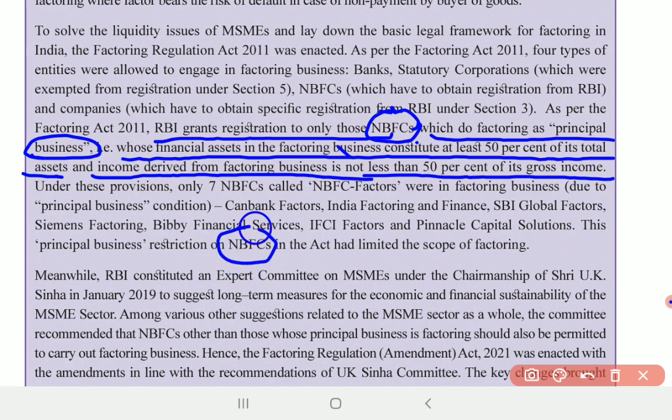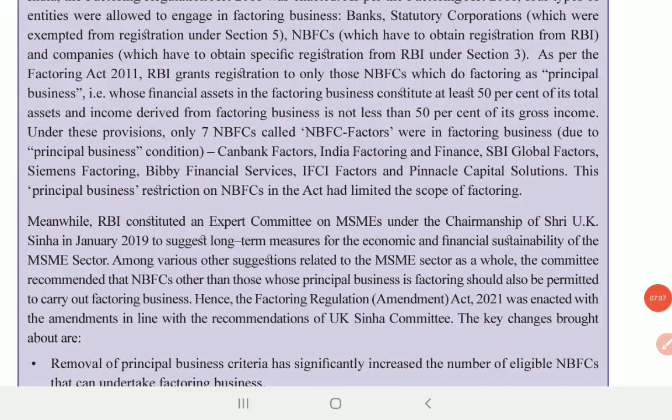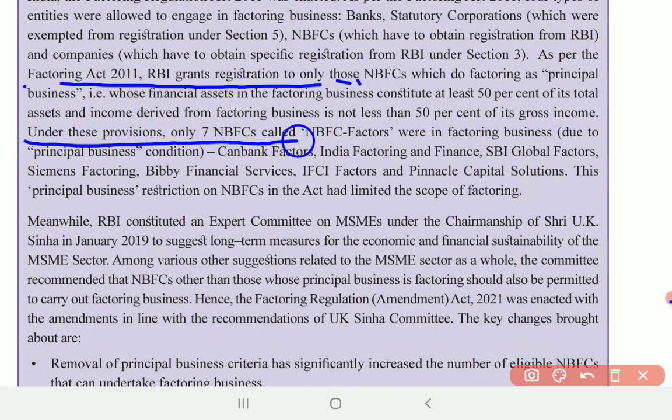Suppose the NBFC is getting 40% of its income from factoring business, it will not be allowed. It will have to get at least 50% of its income from factoring business. Then only RBI will give registration. This is a very difficult provision. So under these provisions, only 7 NBFCs, called NBFC factors, were involved in factoring business. Only 7 NBFCs. This is very small, right?